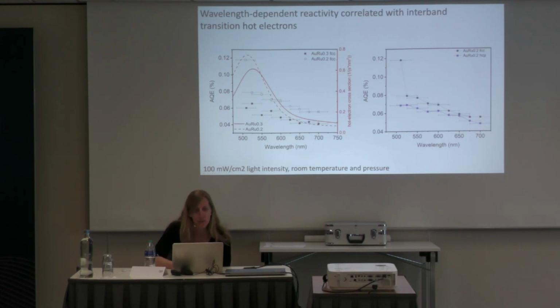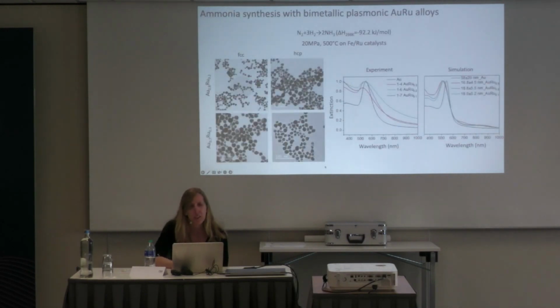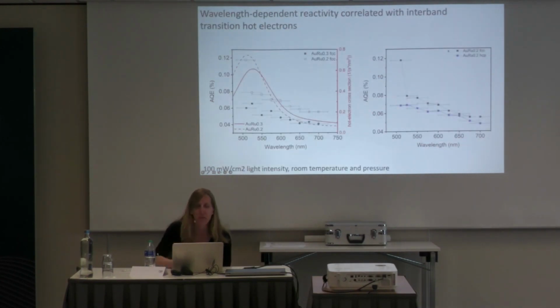And what I think is really cool is that he was just using 100 milliwatts for his laser intensity. And he was at room temperature and pressure, whereas normally for these iron-ruthenium catalysts, you need about 20 megapascals of hydrogen pressure or gas pressure and 500 degrees C. So pretty cool that he was able to make ammonia at room temperature and pressure without any sacrificial reagents.